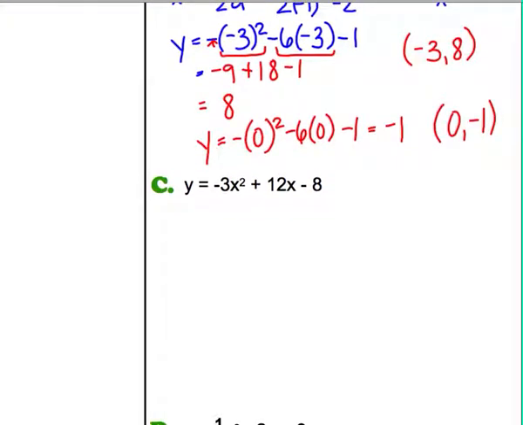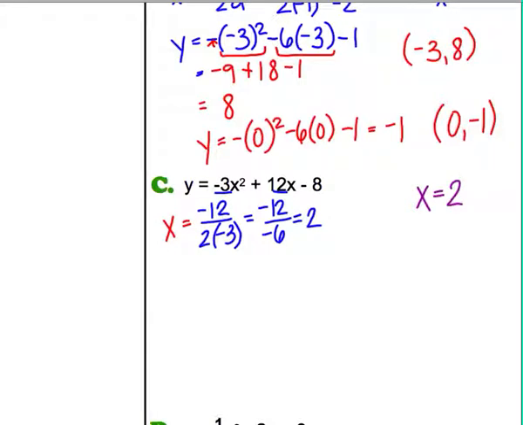Example C, we do the opposite of b over 2a, we get negative 12 over 2 times negative 3. So here's b, here's a. Negative 12 divided by negative 6, which equals positive 2. So our axis of symmetry is x equals 2.